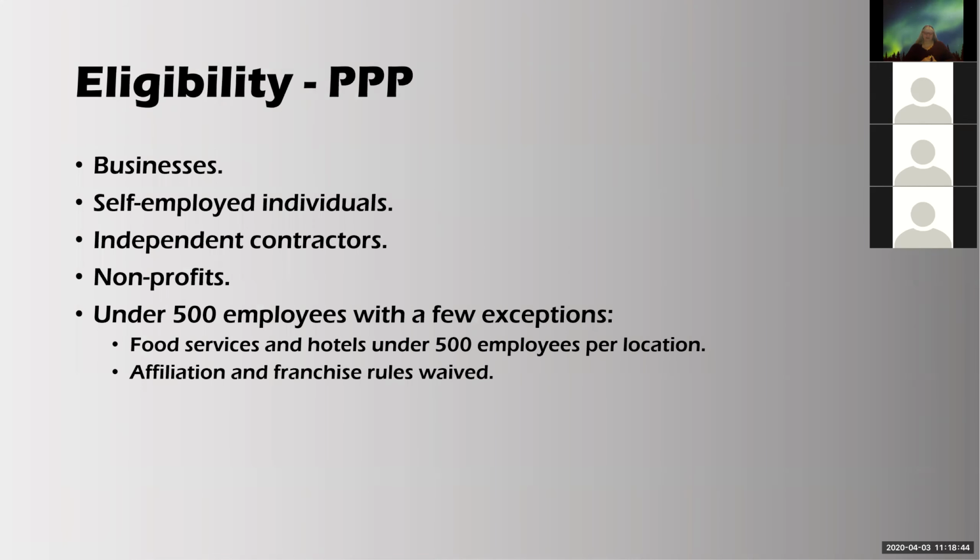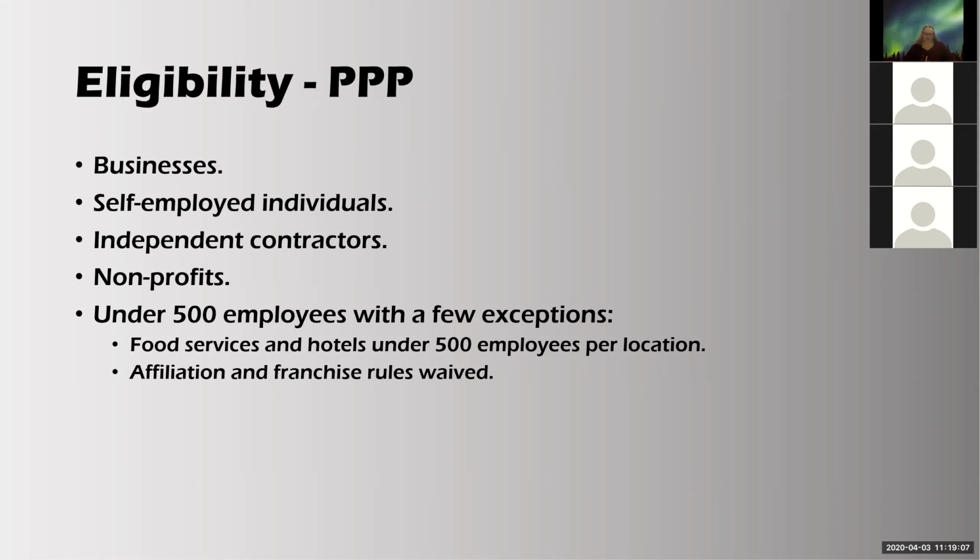Okay. So eligibility. This is for the PPP loans. Keep in mind that they just released the forms for these PPP loans this morning. They are requiring that all of the payment protection loans go through your bank.